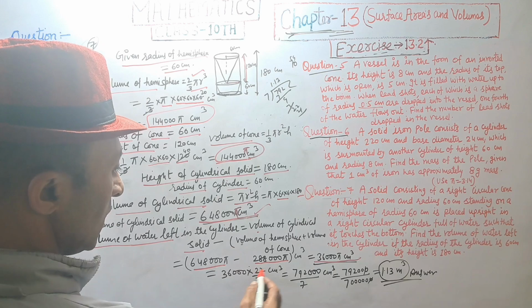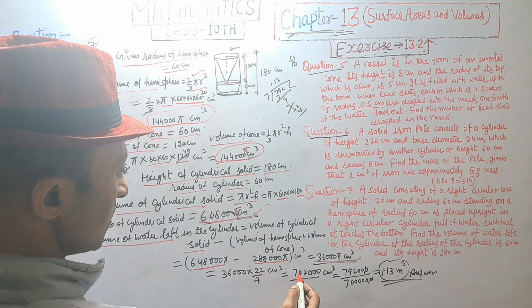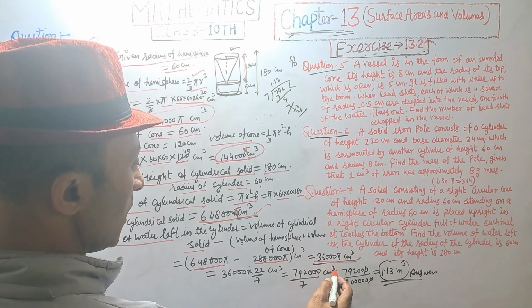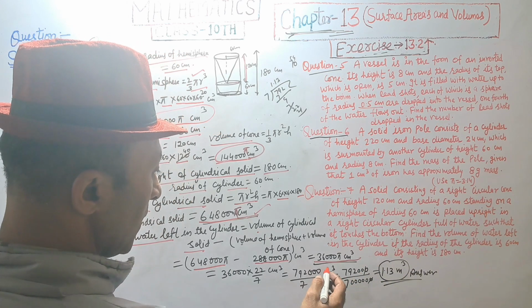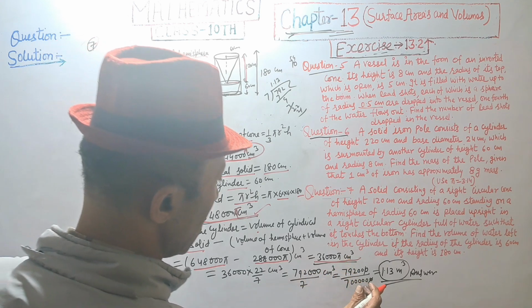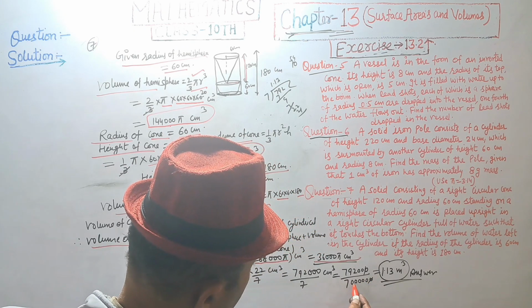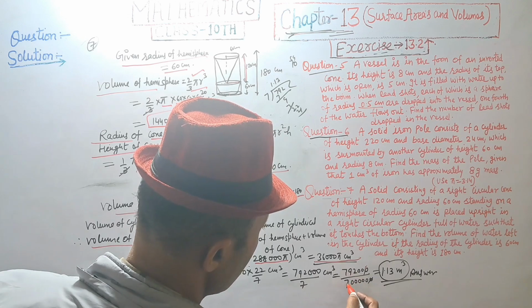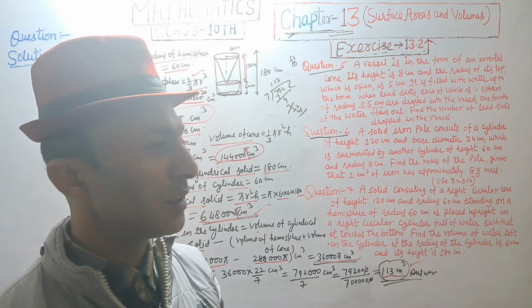Multiplying by pi 22 upon 7, 22 multiplied by 36, we get 792,000 divided by 7 centimeter cube, and we want to find it in meter cube. Changing to meter cube, that is 100 into 100 into 100, the zeros cancel, and 792 divided by 7, we get 1.13 meter cube. Answer. Thank you so much.